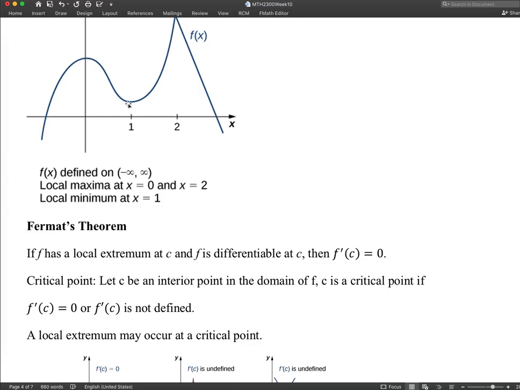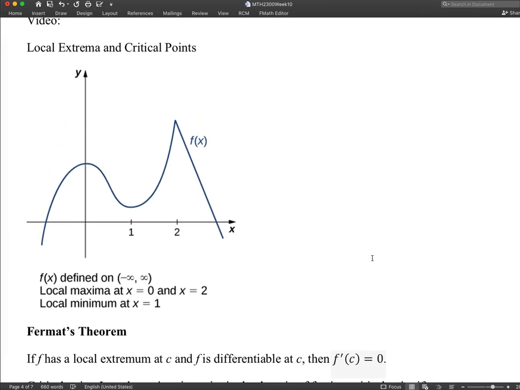At the maximum point and at the minimum point, there's a horizontal tangent line. Also, at this corner point, it's not smooth, which means the function is not differentiable. There's no derivative. The derivative does not exist at this point.